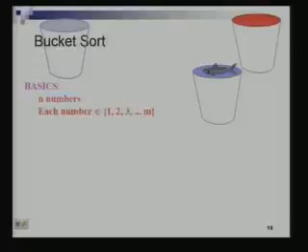Okay. So, we have n numbers, each number is in a certain range, let us say 1 through m, right. So, bucket sort is a stable sorting algorithm, and it will take time order n plus m.